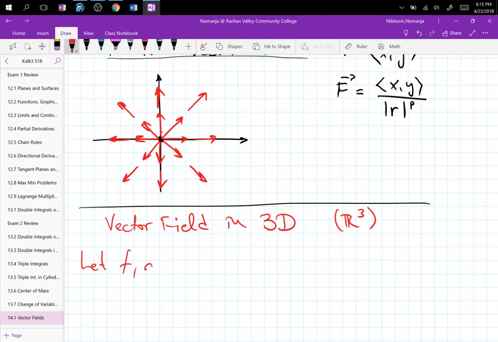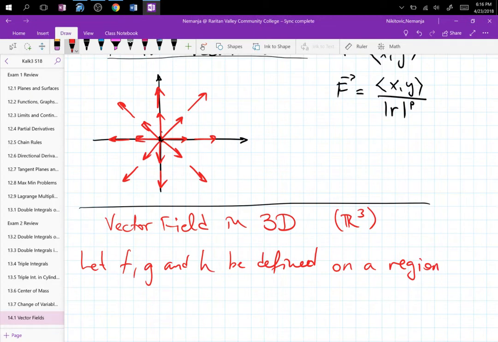Let F, G, and H be defined on a region D in R3.